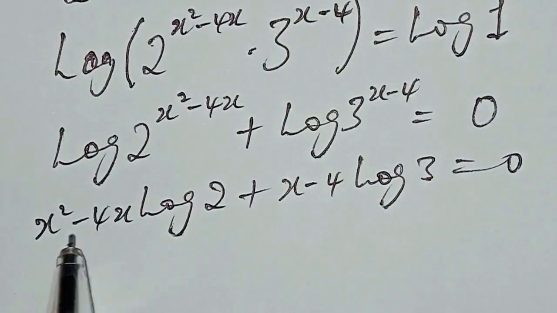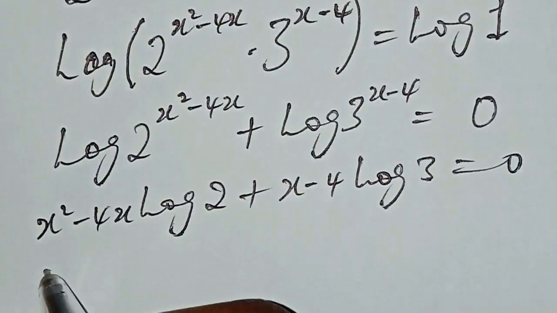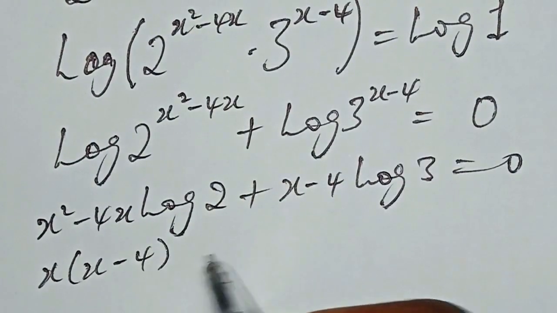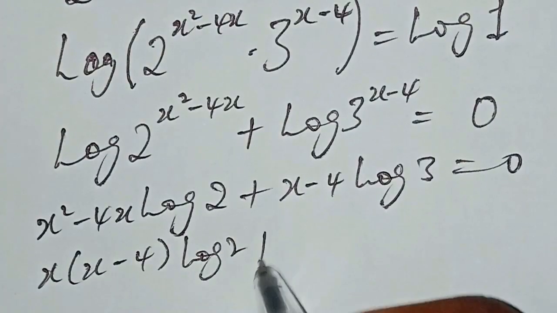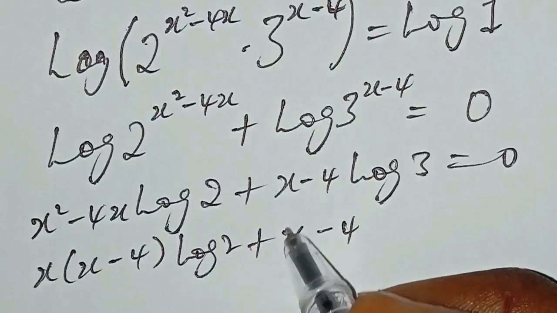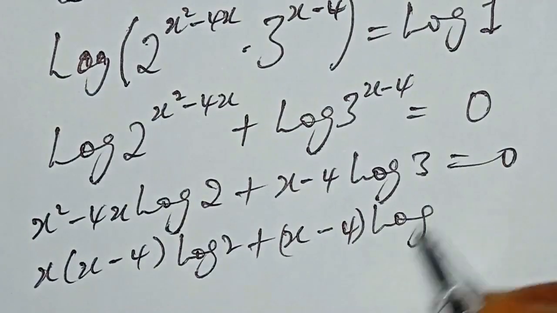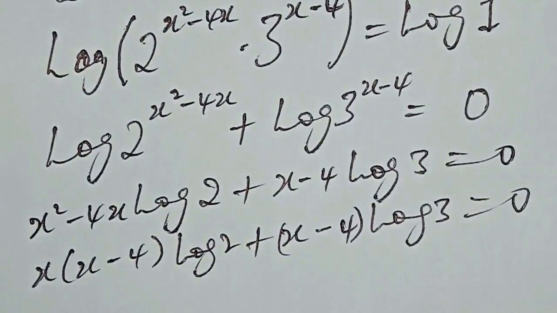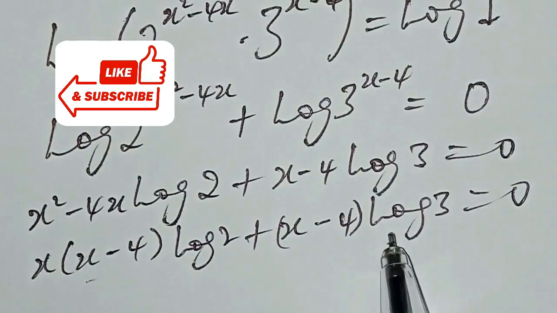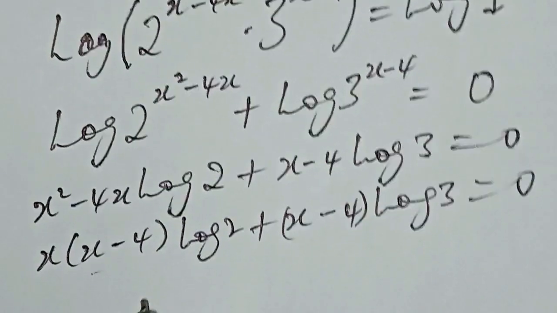So here we can factor out x into bracket x minus 4 log of 2 plus x minus 4 log of 3 equal to 0. So this x minus 4 is common to both terms. Let's bring that out.